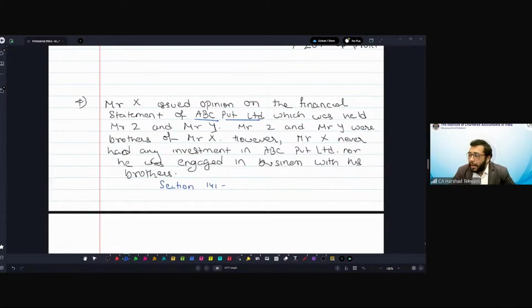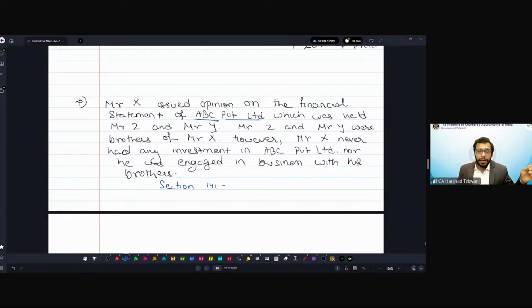says that in case of a company, if the auditor is carrying more than 20% of the voting power during the relevant years, through one or more of the following persons, like one or more of the relative members, or any concerns, in that case he will be held to be holding substantial interest.